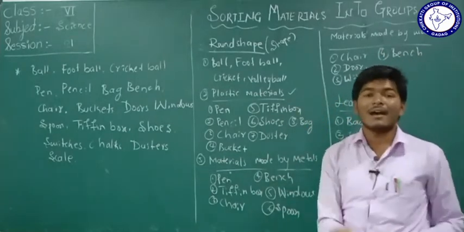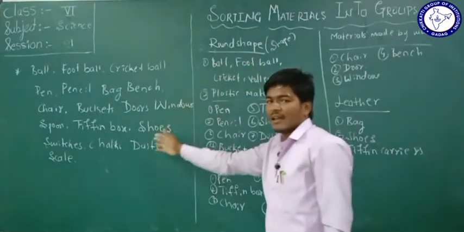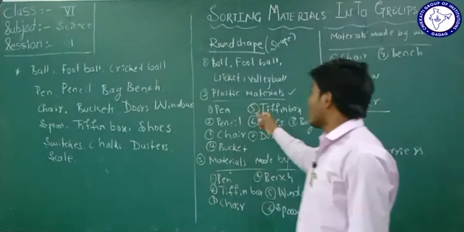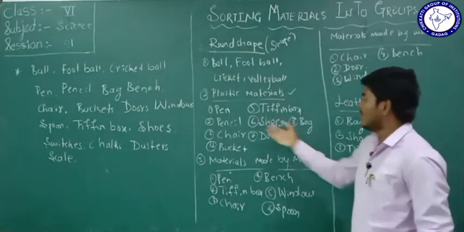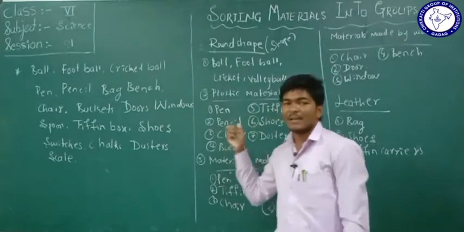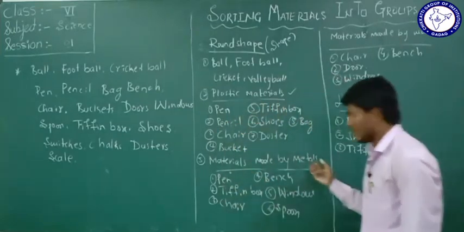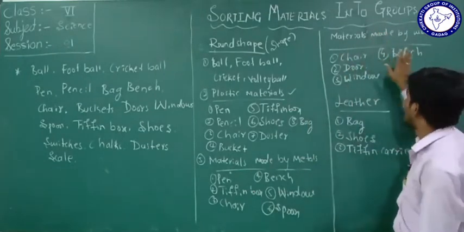So what it says is that some of the materials can be made of one or two types of materials, isn't it? For example, a chair can be made of plastic, of metal, and also of wood.